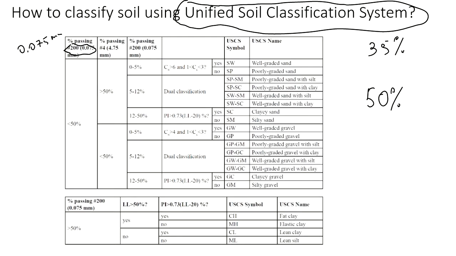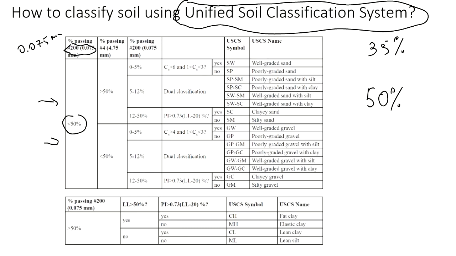If less than 50% is passing through the sieve, it means that more than 50% is retained in that sieve, which is sand and gravel. So we're going to use this top part of the chart.